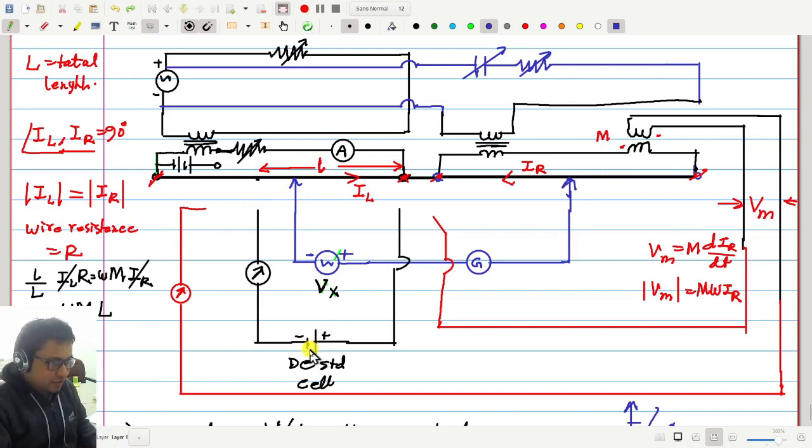And once you get the null during standardization, after that you are not changing these currents. So whatever was the case, the same current is flowing, so that's not going to disturb. Okay, so that's not a problem.